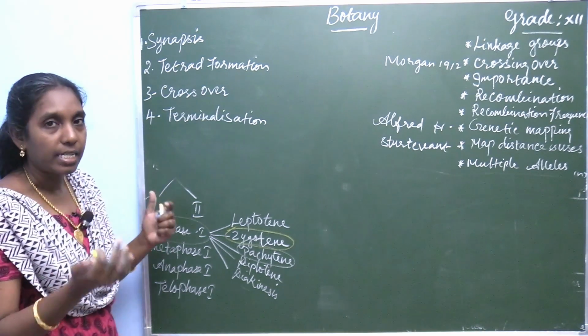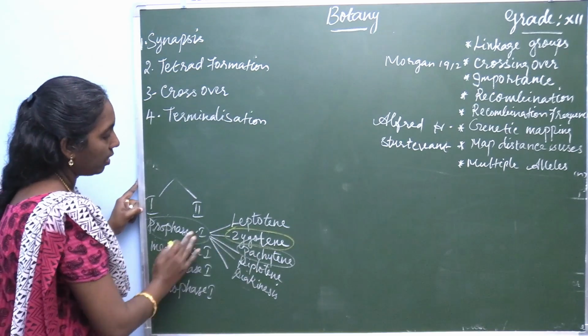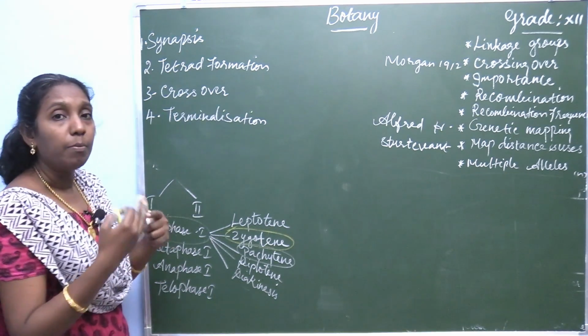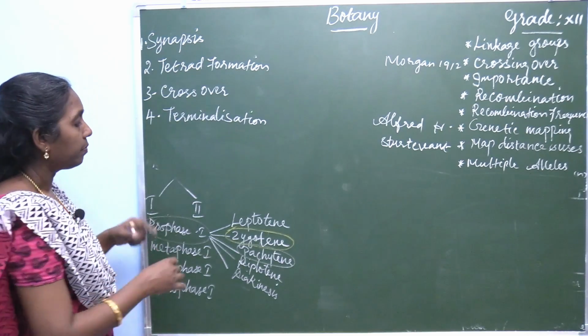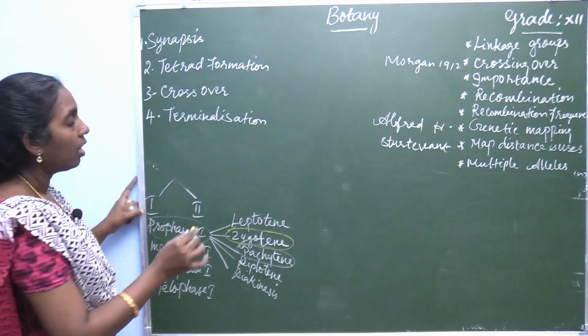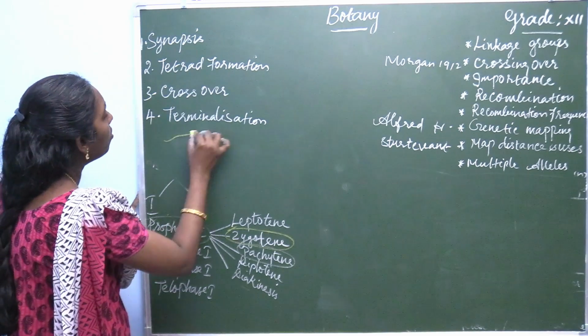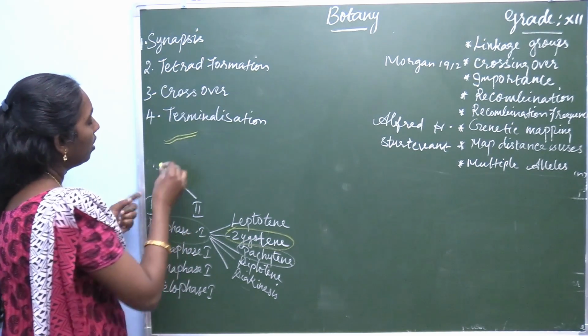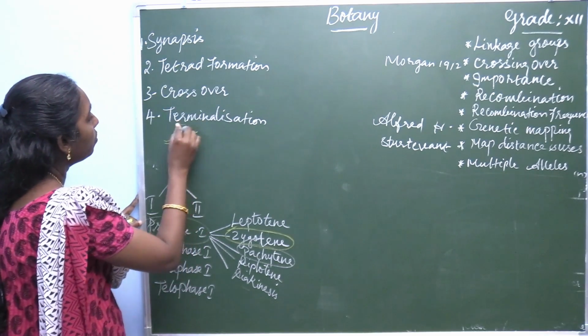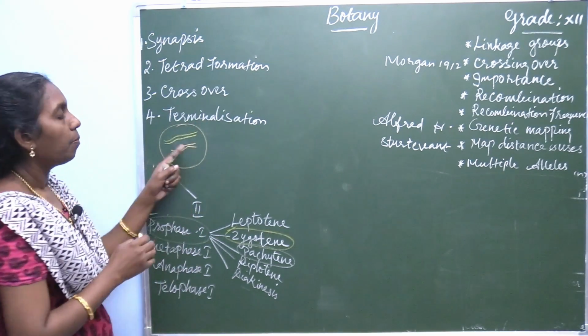During this stage, many changes take place in the nucleus. In zygotene, the homologous chromosomes start to pair.